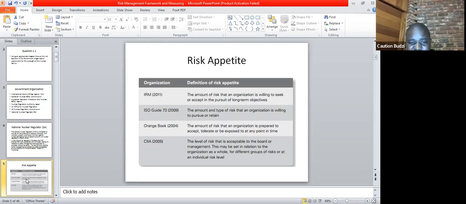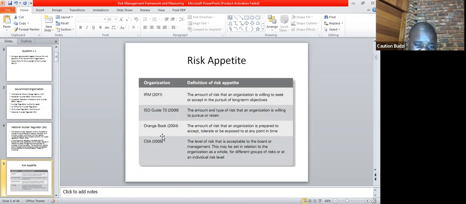In the ISO Guide 73, we define risk appetite as the amount and type of risk that an organization is willing to pursue or retain. The Orange Book of Risk defines risk appetite as the amount of risk that an organization is prepared to accept, tolerate, or be exposed to at any point in time.